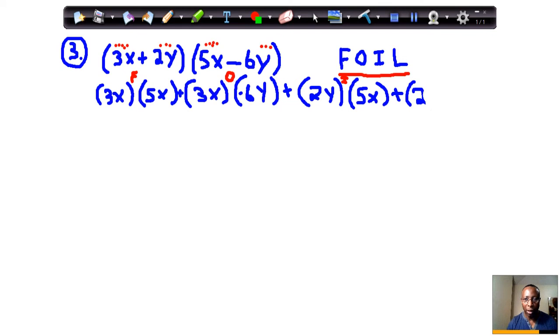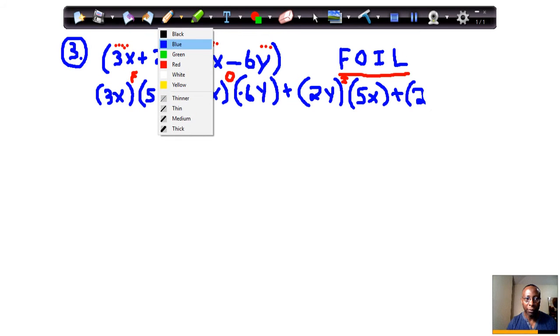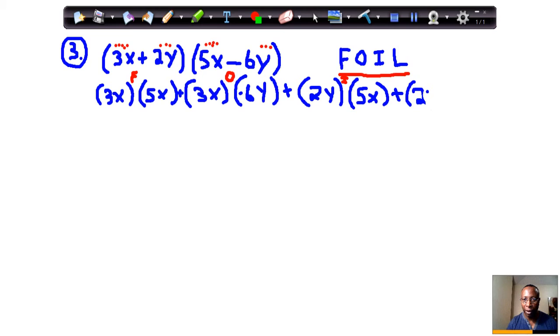Oh, all right. It's okay. We'll put it back. 2y, and we're going to close that off. And negative 6y. All right.